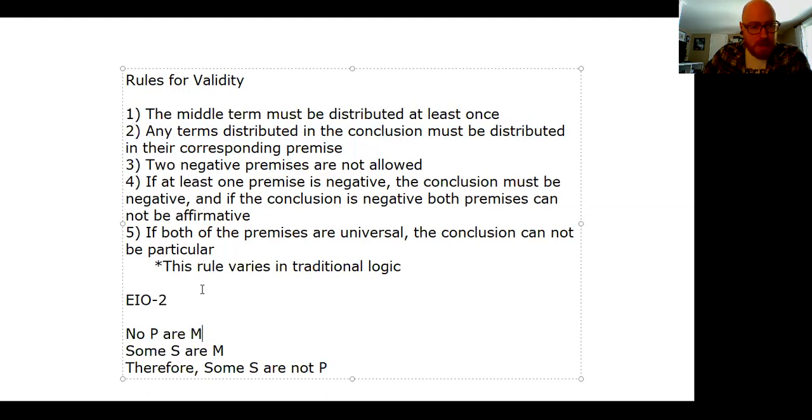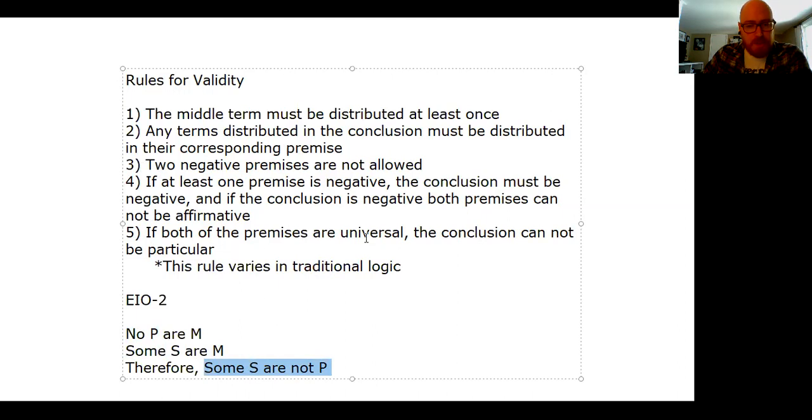Two negative premises are not allowed, right? My major premise is negative, my minor premise is affirmative, so this follows rule 3, right? If at least one premise is negative, the conclusion must be negative, and if the conclusion is negative, both premises cannot be affirmative. All right, I've got exactly one negative premise, and I've got a negative conclusion. Okay, so it follows rule 4.